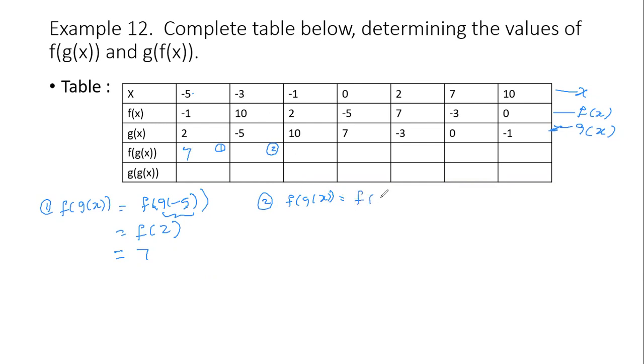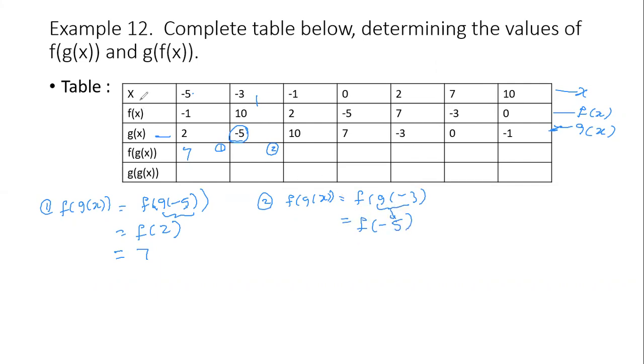That means f of g of -3. G of -3, g is here. The -3 is here. Then g of -3 is this number, -5. Then we get f of -5.